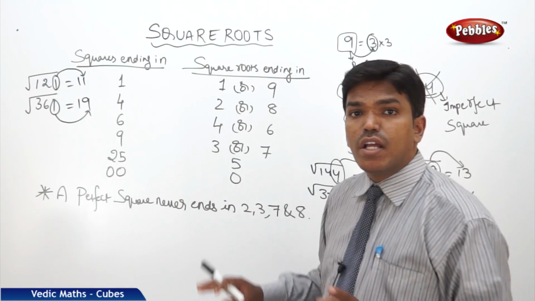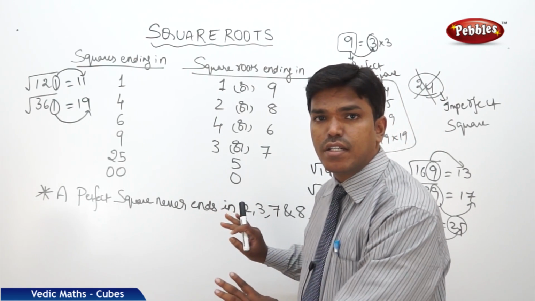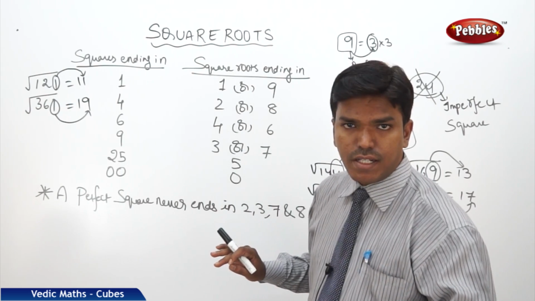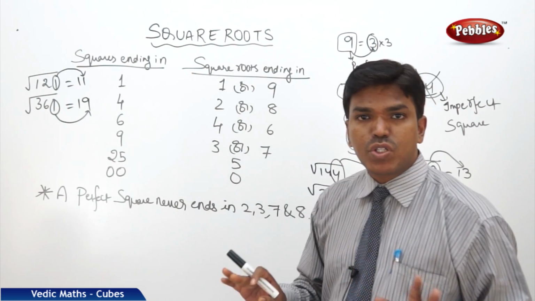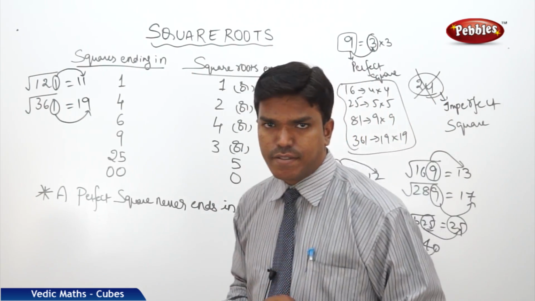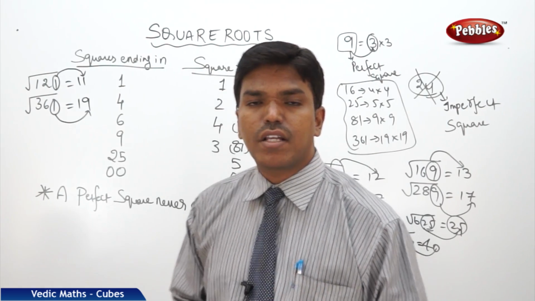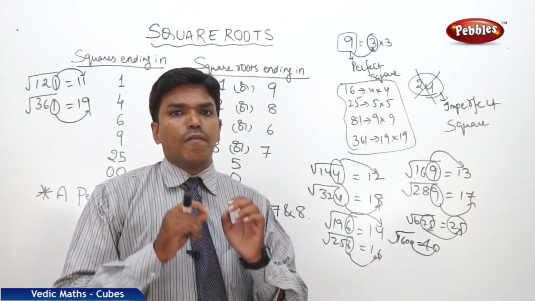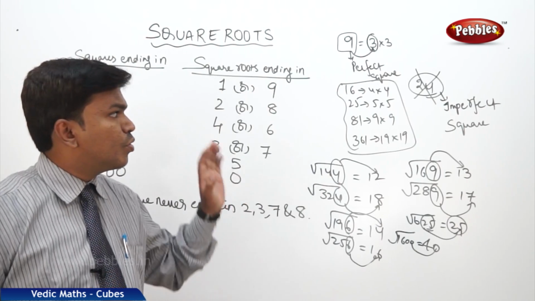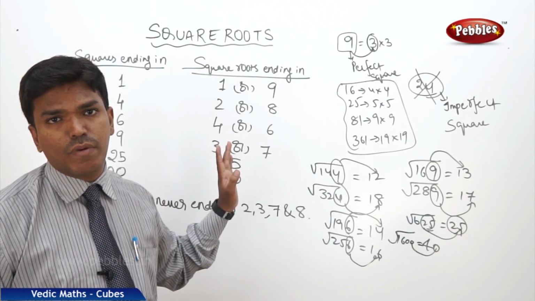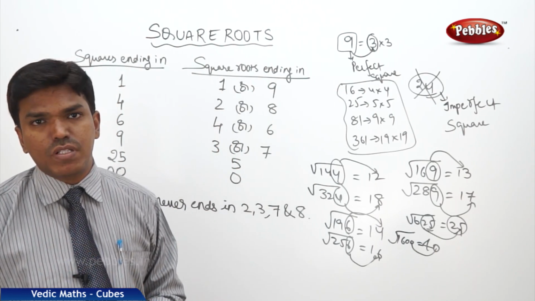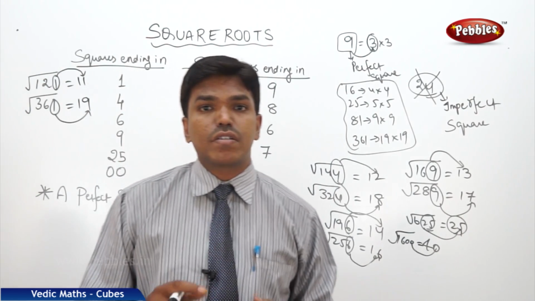And if any number is ending in these digits, then we can confidently say that those are not perfect squares, those are imperfect squares. Got it? So like this, you should be very aware of this square root table. Now let us see some examples of how we can solve the square roots.